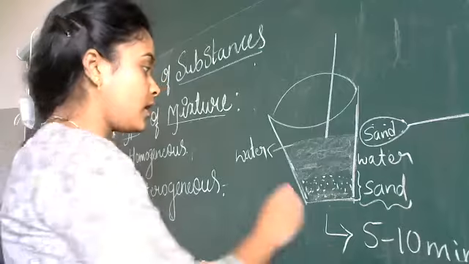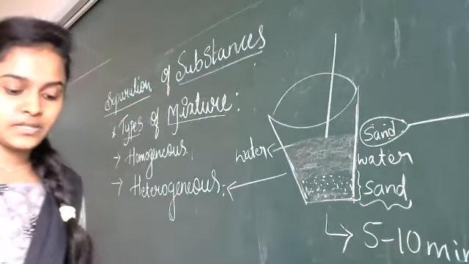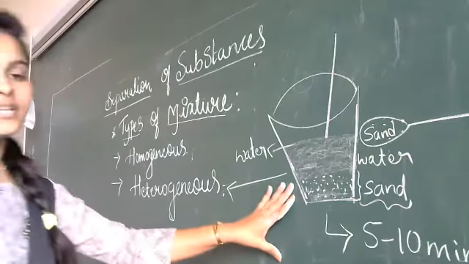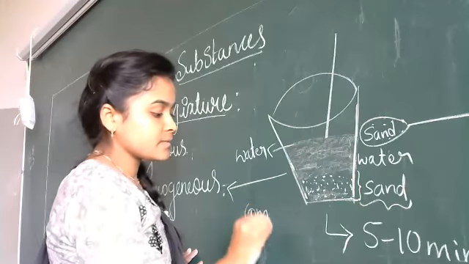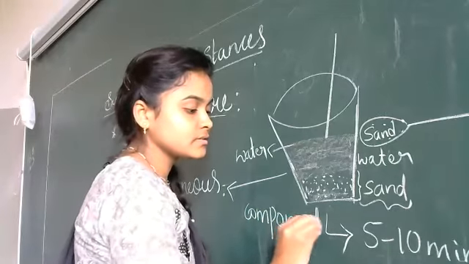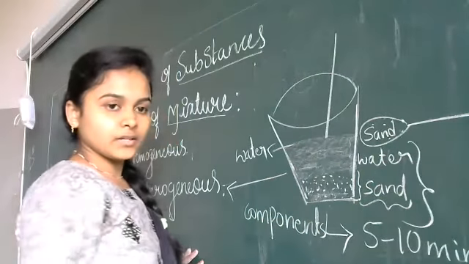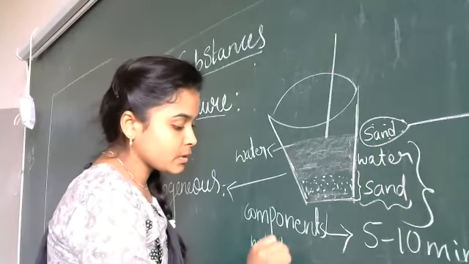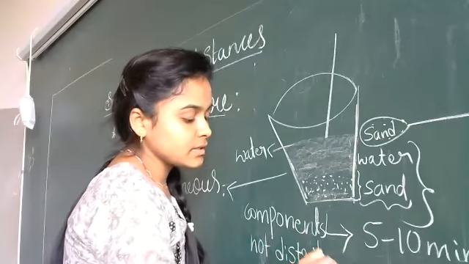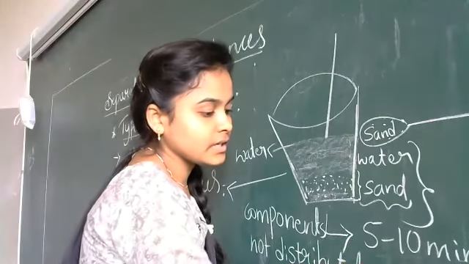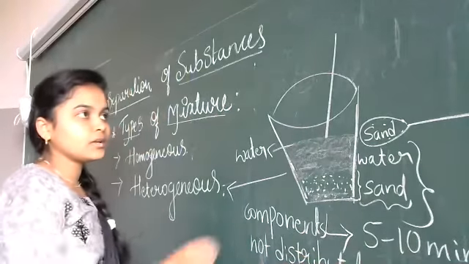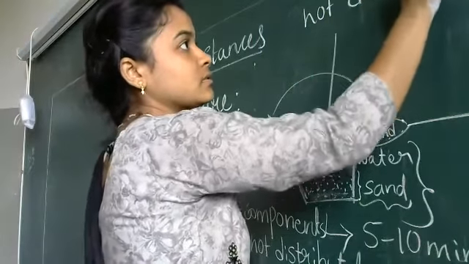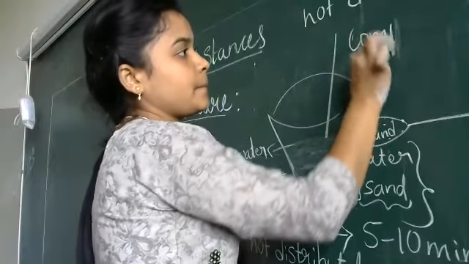So this mixture we call a heterogeneous mixture. So what is a heterogeneous mixture? Here in a heterogeneous mixture, which components are there? Sand and water, right? These components are not distributed evenly, and they are not dissolved completely.